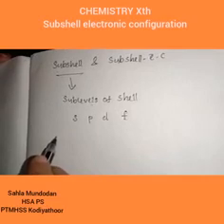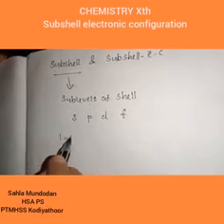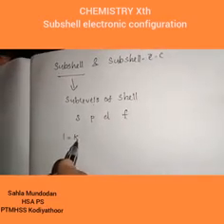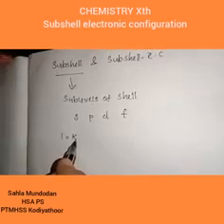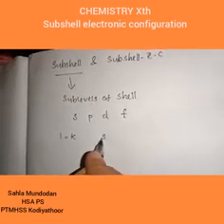For example, in the first shell, that is the K shell, the number of subshells is only 1, it is the S subshell.